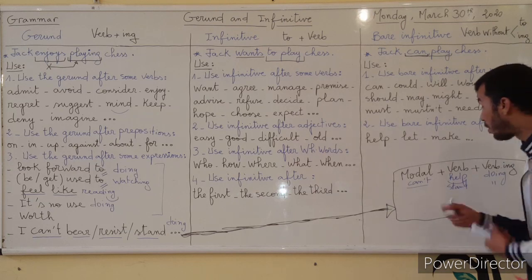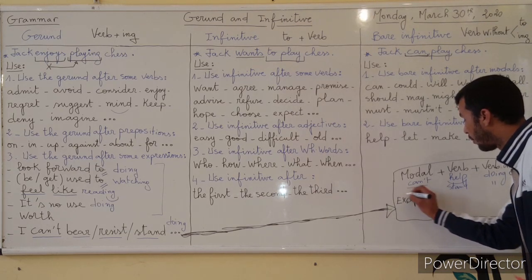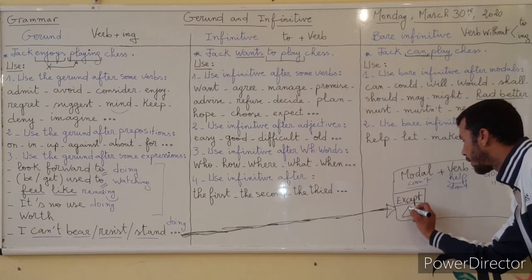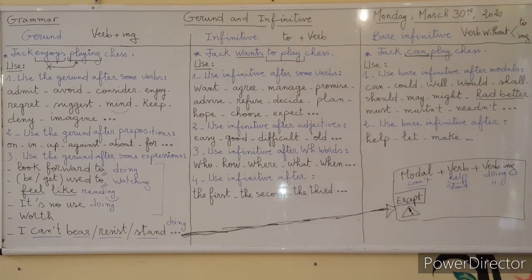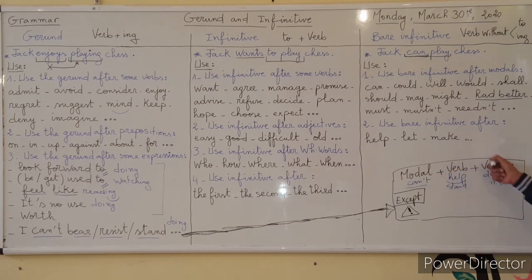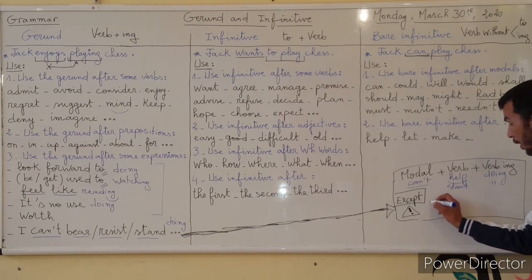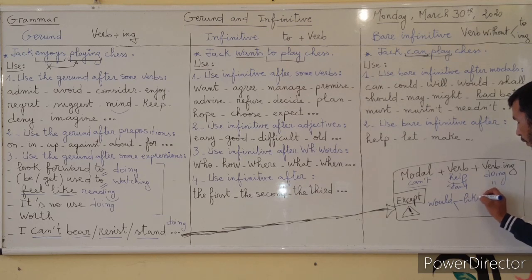Except, and this is the most important. Except what? When we are talking about modal plus verb, the verb that comes after must be gerund. We have an exception. It is with would like and would love.